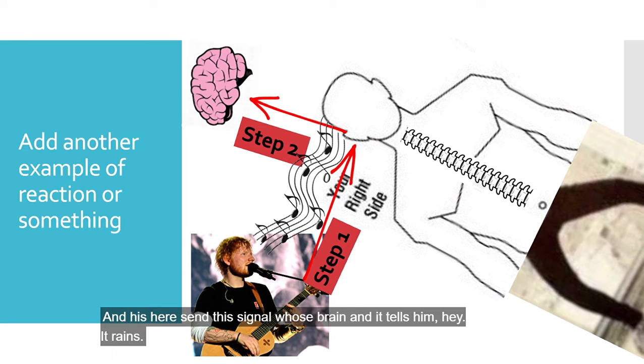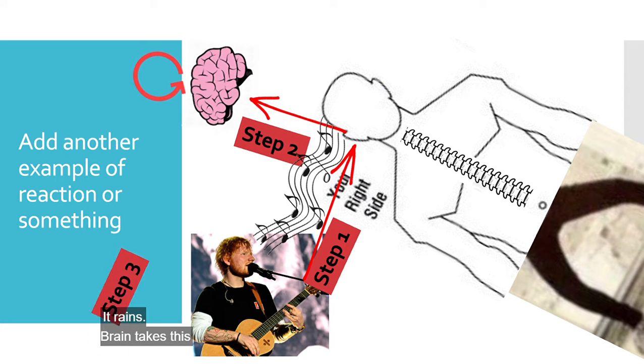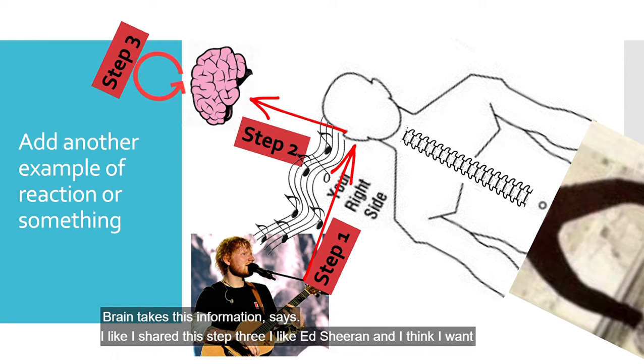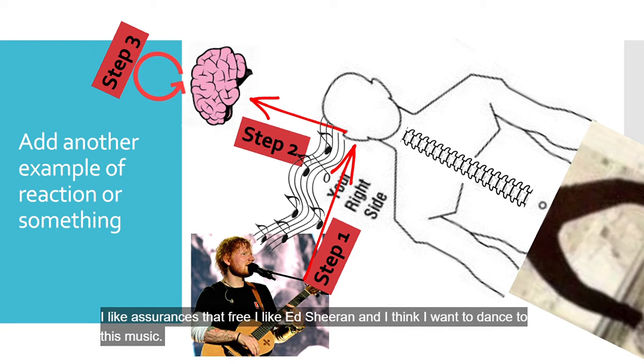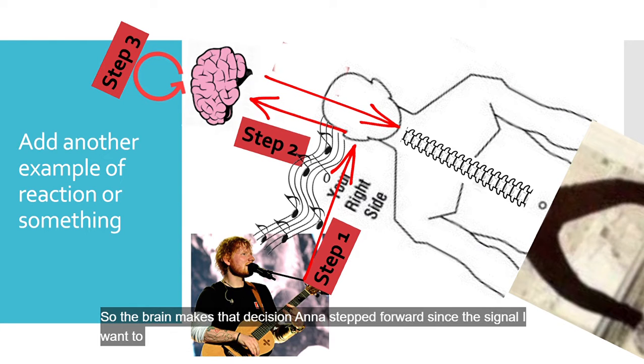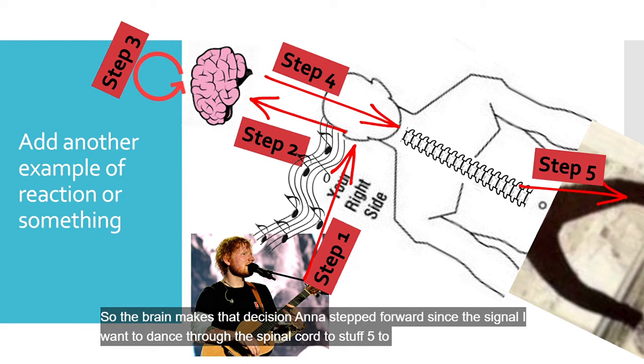The brain takes this information and says, I like Ed Sheeran. This is step 3. I like Ed Sheeran, and I think I want to dance to this music. So the brain makes that decision, and in step 4 sends that signal, I want to dance, through the spinal cord, to step 5 to his legs, telling his legs, hey, I want to dance.